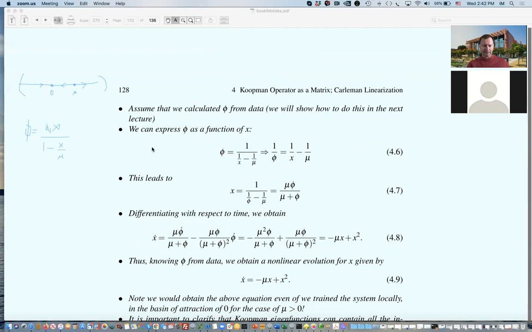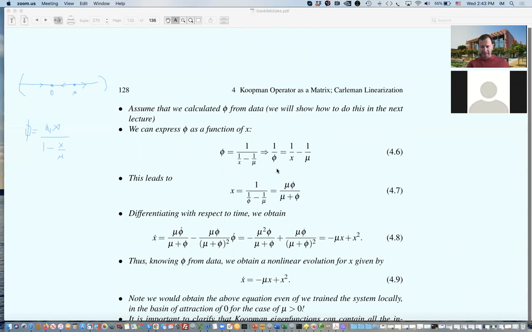So here is phi as a function of x. Let's divide this expression by x. We get 1 over x at the bottom minus 1 over mu if we divide by x. And that will mean that 1 over phi will be 1 over x minus 1 over mu. Fair enough.